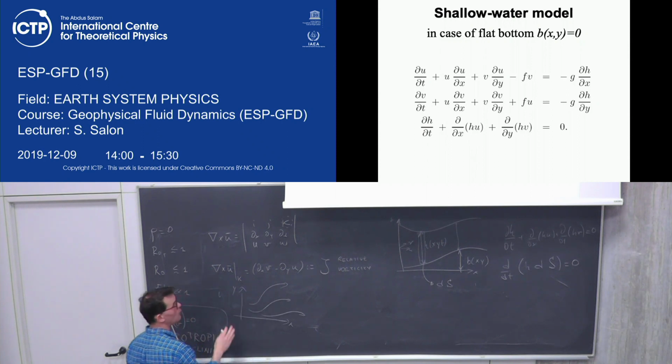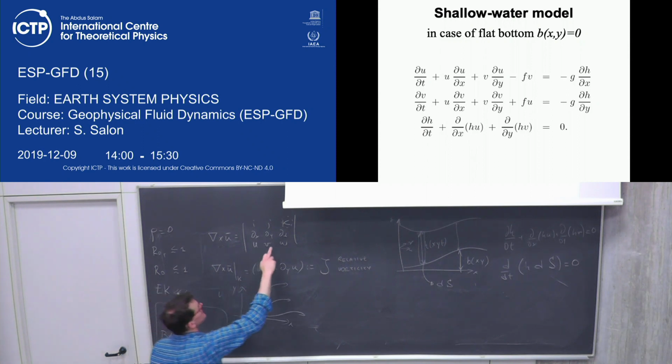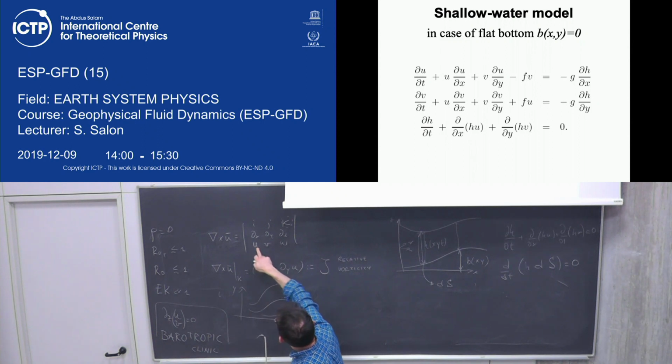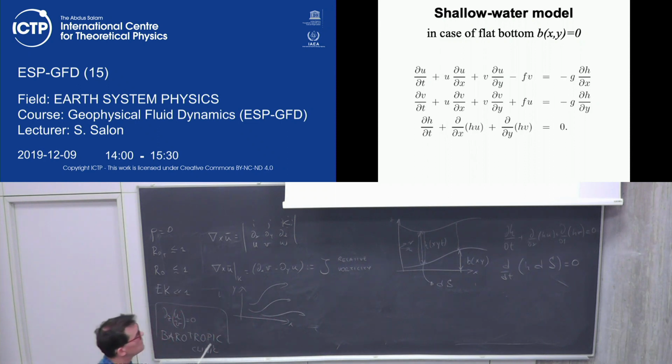Since the z derivatives of u and v are always 0, the only possibility that I can have is this one. So I'm interested to study the evolution of the vorticity.